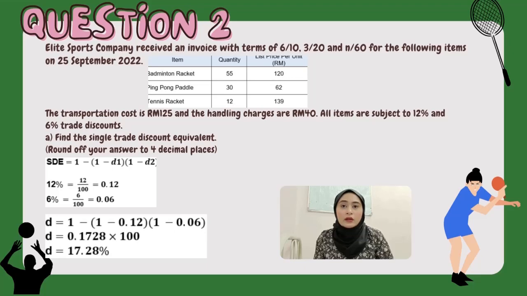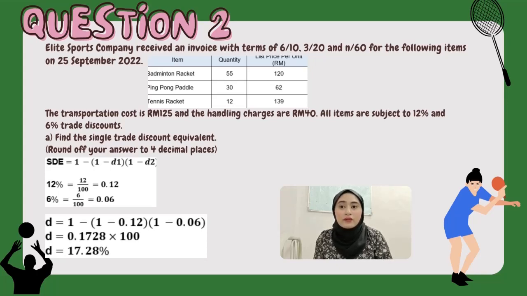Ping pong paddle: the quantity is 30 and the list price per unit is RM 62. Tennis racket: the quantity is 12 and the price per unit is RM 139. The transportation cost is RM 125 and the handling charges are RM 40. All items are subject to 12% and 6% trade discounts.